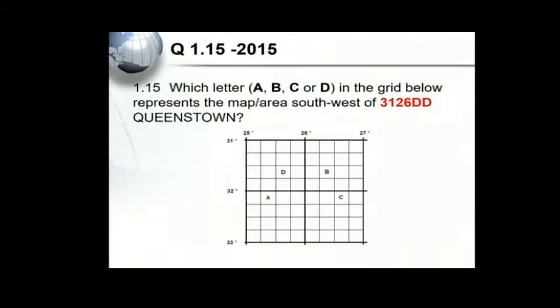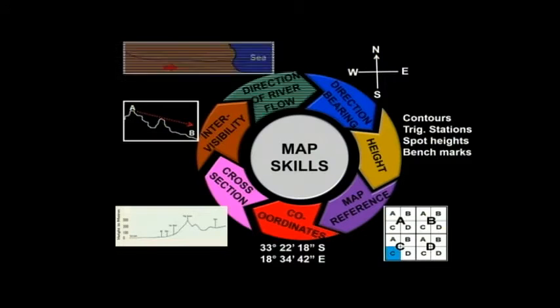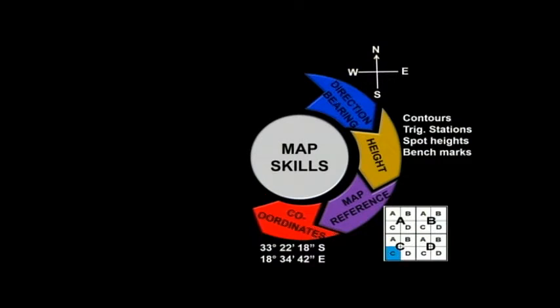We've got a problem here. Okay, then the coordinates, very important. You must know, for instance here, 33 degrees, 20 minutes, 18 seconds south. You must know how your latitude and your longitude work. They can even ask you the coordinates of any feature on the map as well.